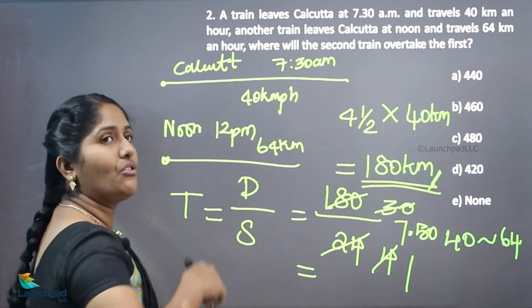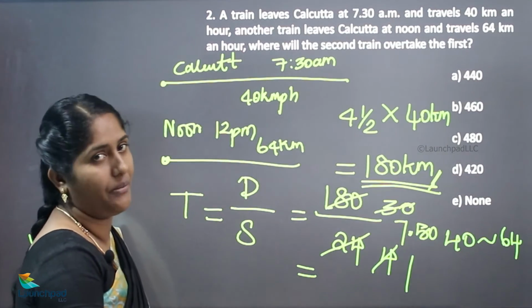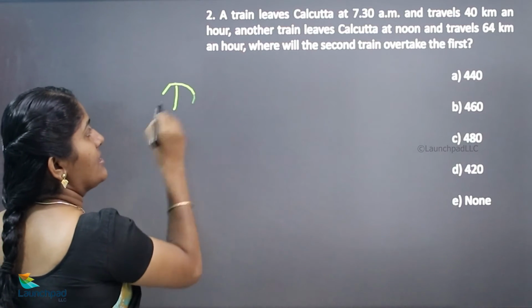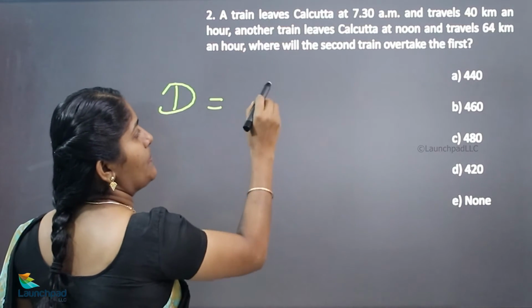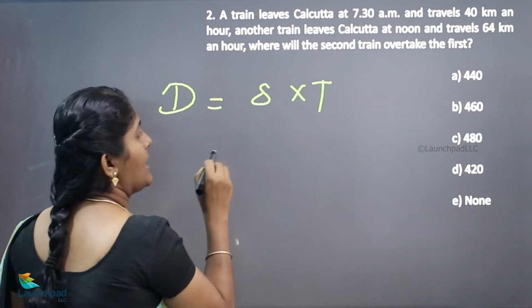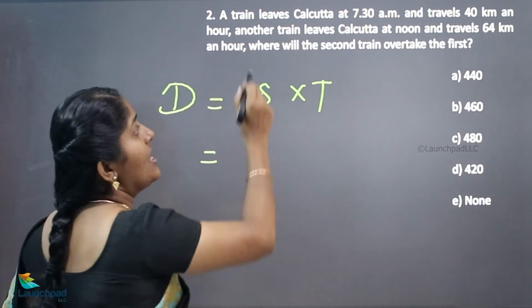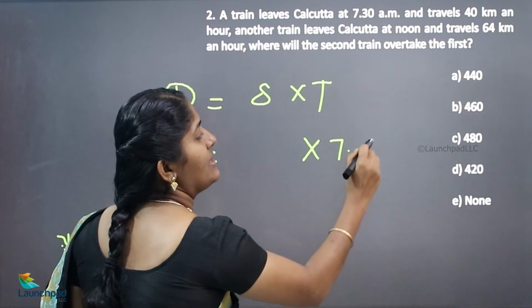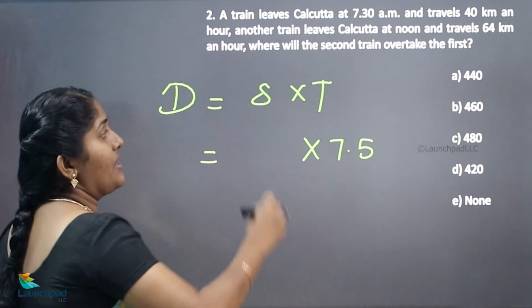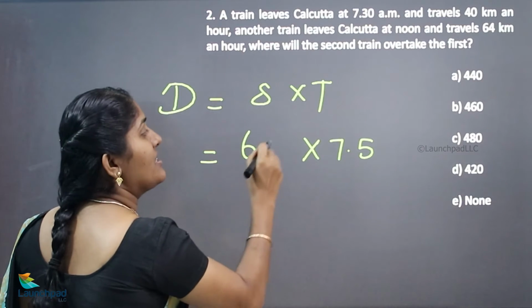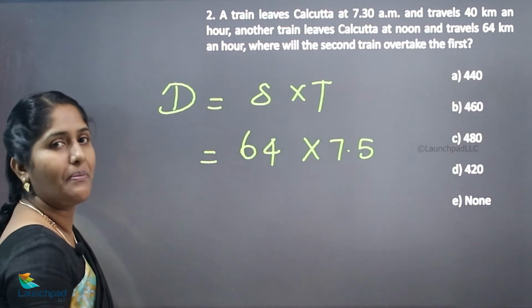For the second train, the speed is 64 kilometer per hour. Where means distance. So, distance is speed into time. The second train needs to travel 7.5 hours, and its speed is 64 kilometer per hour.